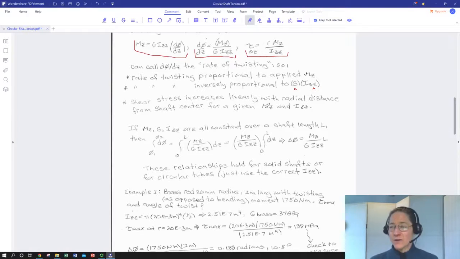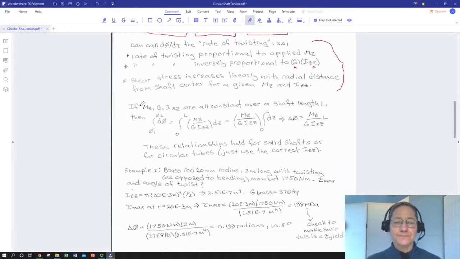It's going to be out on the outer radius, which is super convenient if I'm going to measure max shear strain. I'm going to be encountering that maximum shear stress at the outer radius, which is a very convenient place to attach a rosette strain gauge. So I can use all of these trends to give me a design guideline or an analysis guideline.